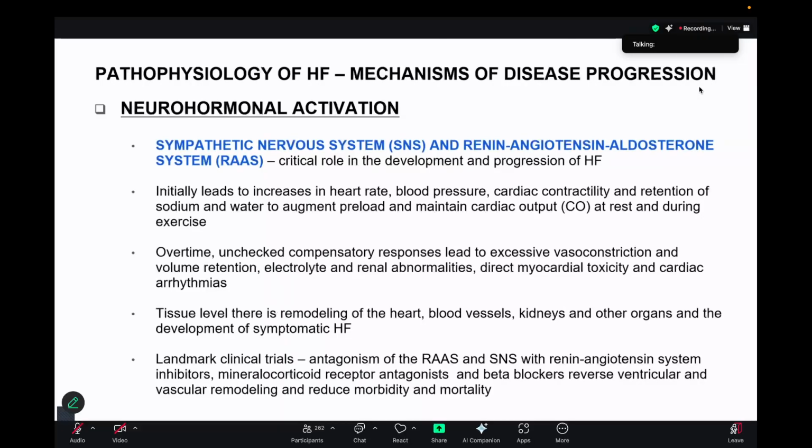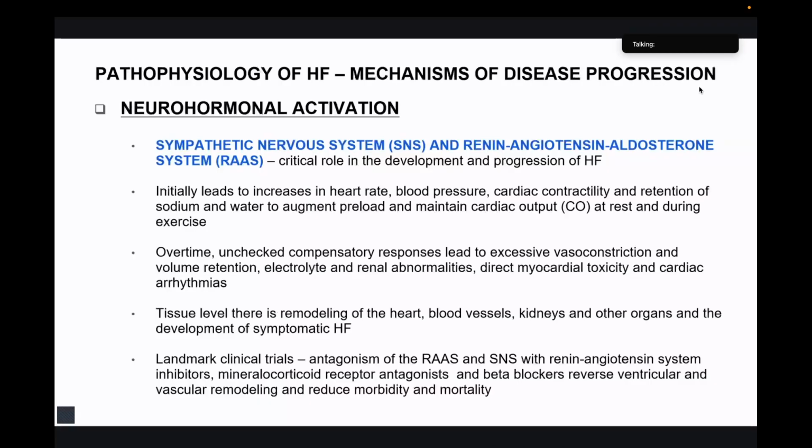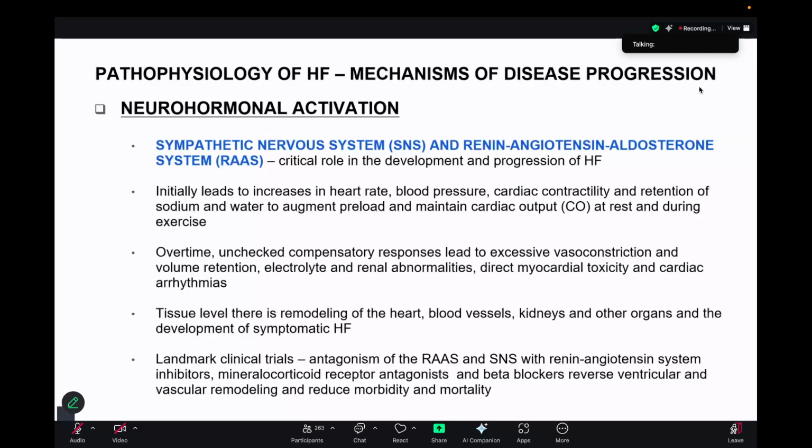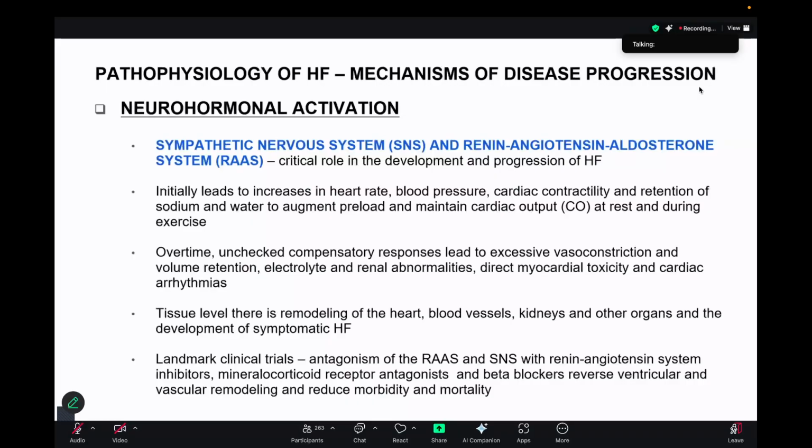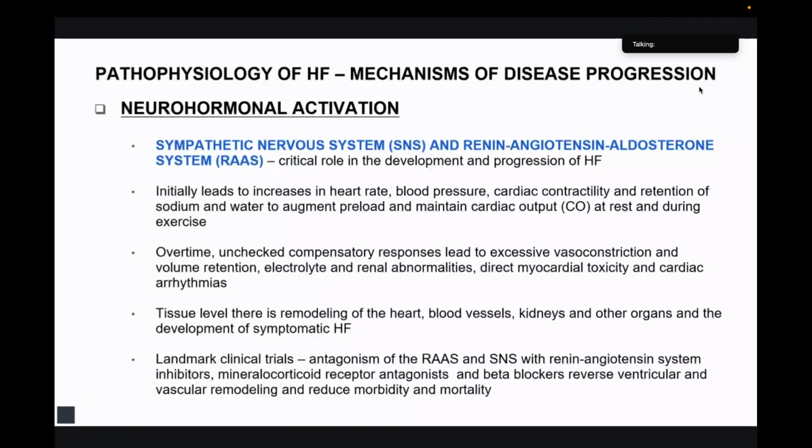These two actually have a critical role in the development and progression of heart failure. When the neurohormonal activation systems are set into play, they initially lead to increase in heart rate, increase in blood pressure, increase in cardiac contractility, and retention of sodium and water to augment preload to maintain the cardiac output at rest and during exercise.